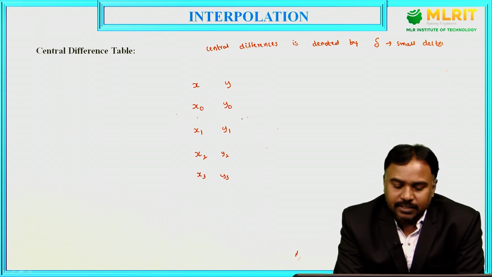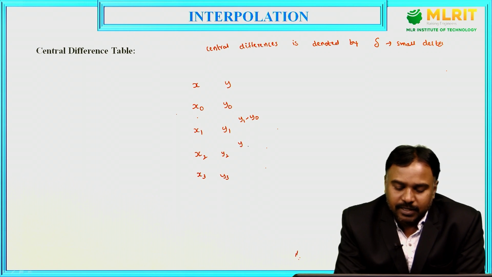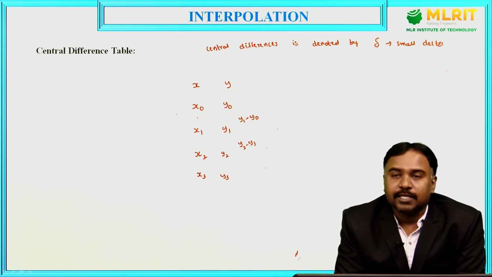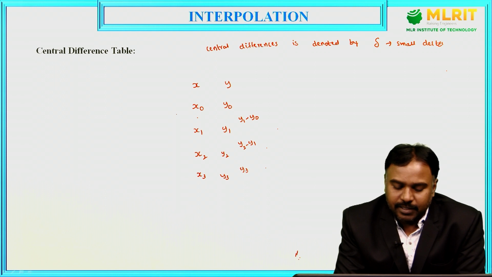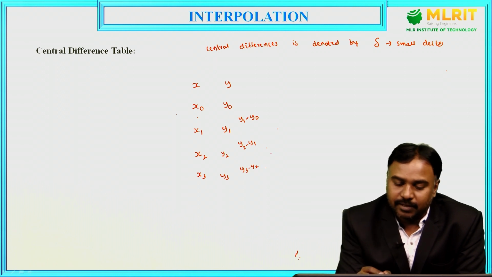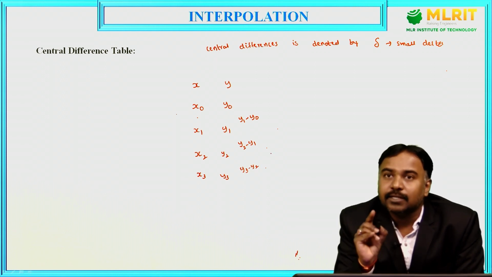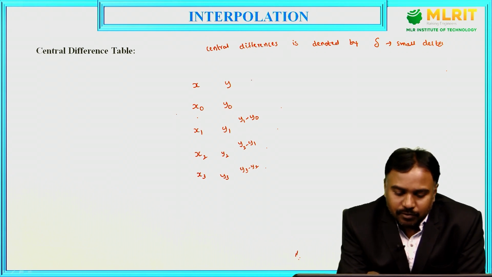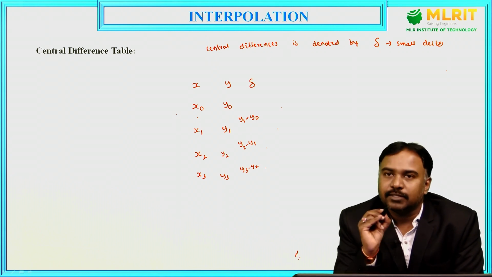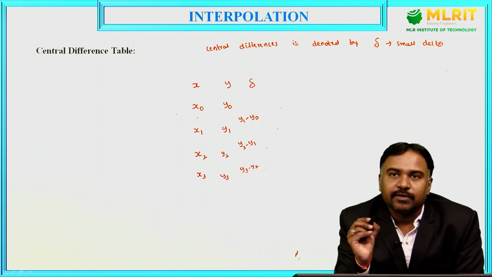The differences are the same as in the way we constructed the forward and backward differences: y1 minus y0, y2 minus y1, y3 minus y2. The differences are the same as previously said, only the notation is different. Small delta is the first order central differences.